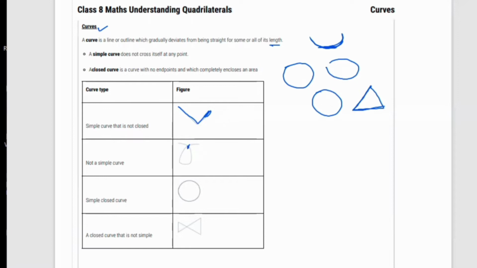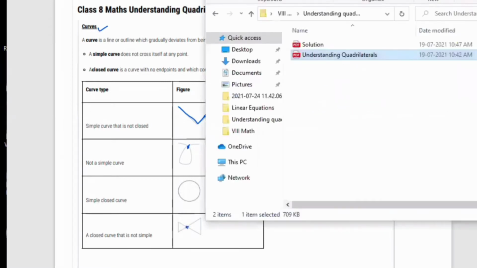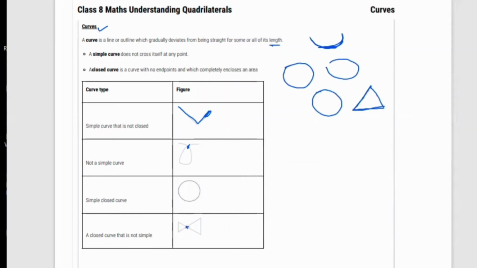Third one is a simple closed curve. See, this circle is a simple closed curve. Next, closed curve that is not simple. No doubt this is a closed curve, but it is not simple. Why? Because it intersected at one point, so it is not simple.